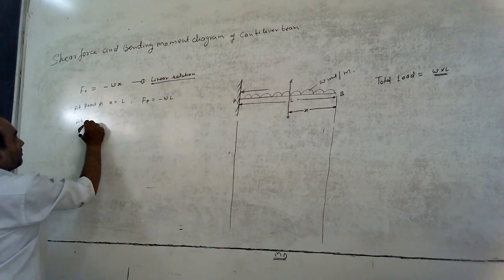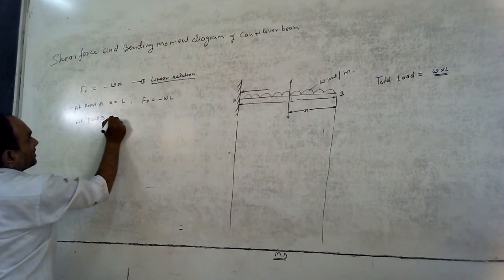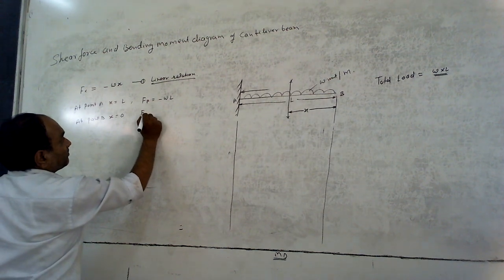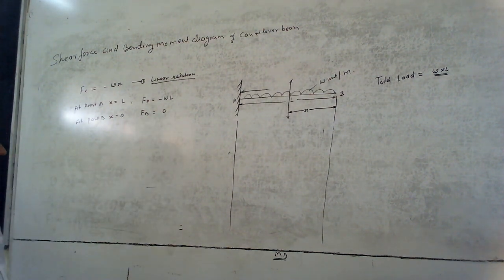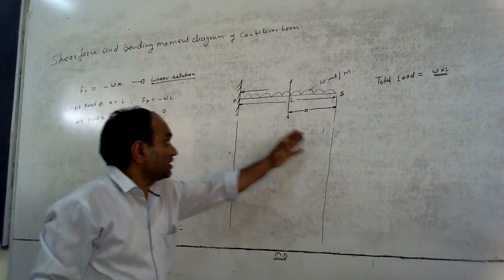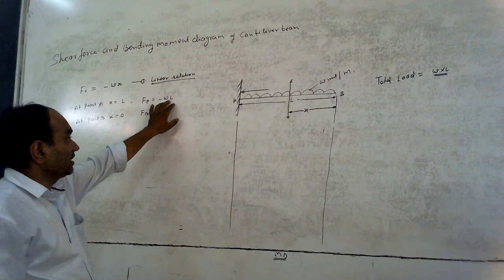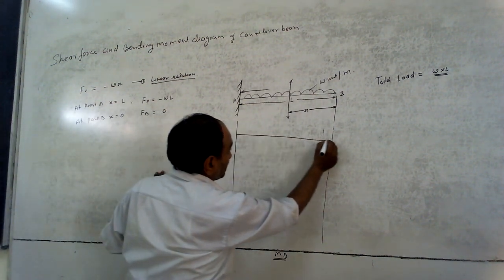At point B, x equal to 0, FB equal to 0. Hence the shear force at point B is 0 and the shear force at point A is a maximum, that is minus WL. So we have to draw the shear force diagram here.